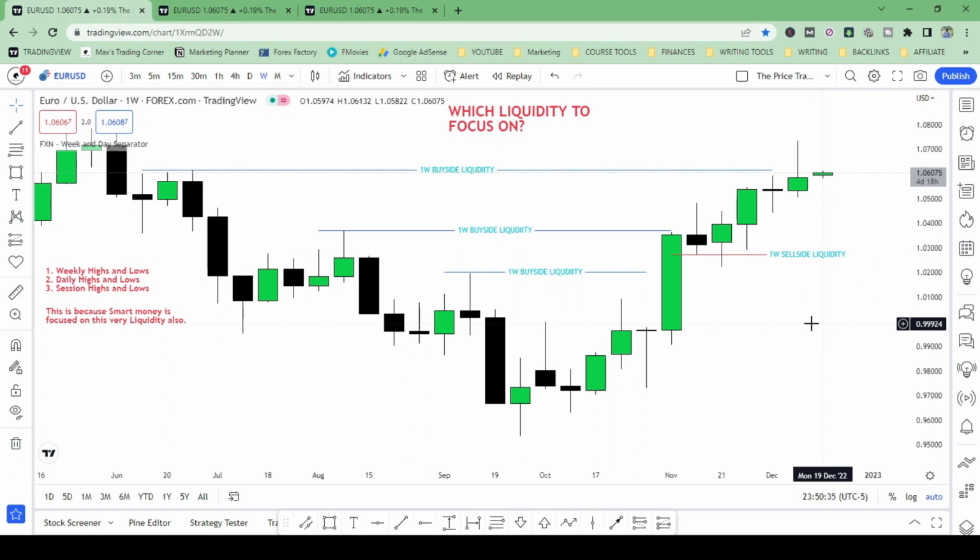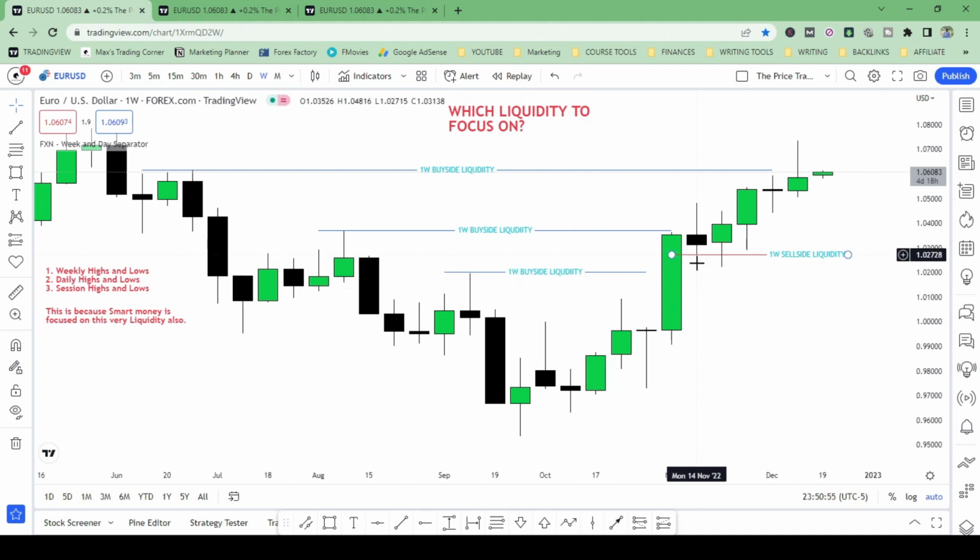Session highs and lows are those highs and lows that occur during maybe the London session or New York session. When looking at the weekly chart, as you can see, we have various forms of liquidity here. We have buy side liquidities and sell side liquidity, as an example.